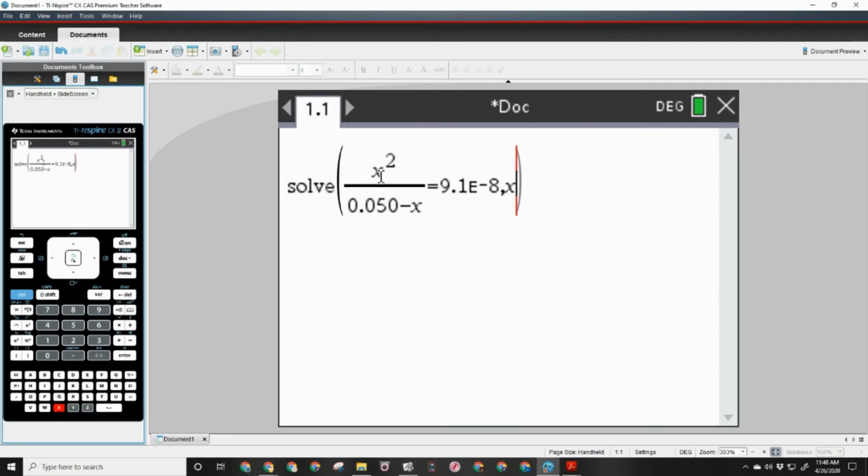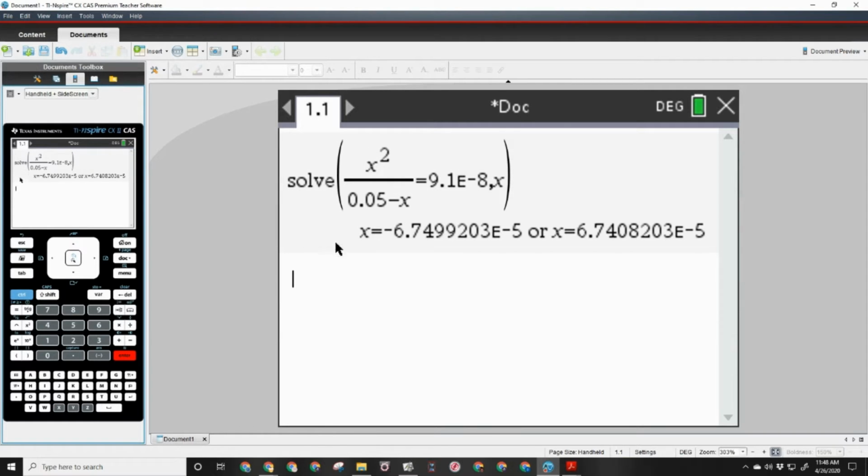So you're telling it, here's the equation, solve for x. When I hit enter, it solves for that. Since the quadratic equation was used in solving this, we have a negative and a positive value. We're only concerned about the positive value. So x is equal to 6.7408 times 10 to the negative 5th.